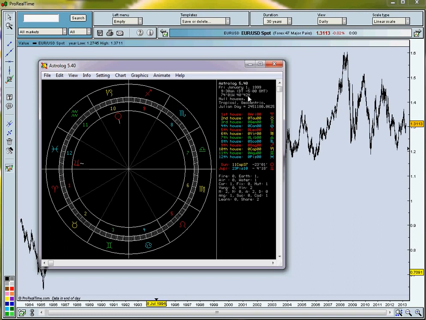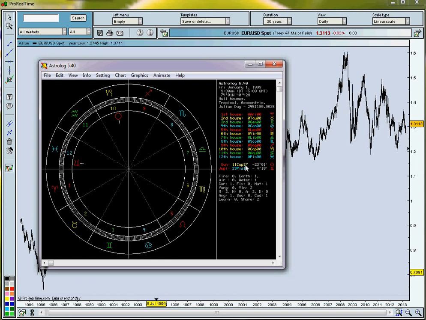Specifically, we're interested in the position of the Sun at this point in time, because the Sun is actually the most important planet on any birth chart. So when we start to look at what planets affect a market, what we're really going to look for is whether or not the planet, in this instance Jupiter, has any effects on the market when it is either conjunct or in opposition to the natal Sun, which is simply the position the Sun is in on its birthday, about 11.5 degrees in Capricorn.